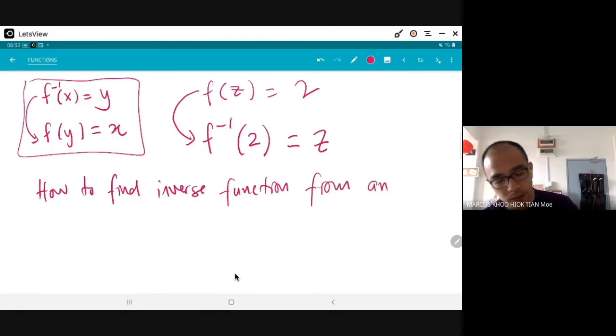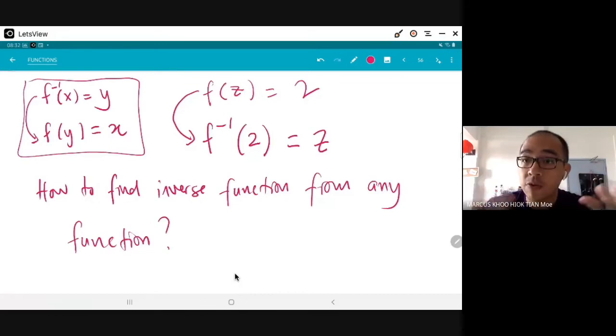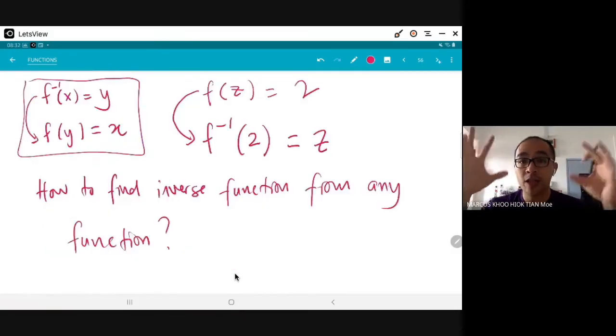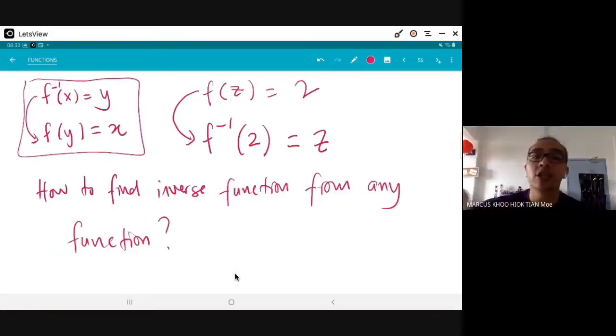Okay, ini adalah persoalan besar kita. So let's say saya bagi kamu satu function, dan saya mau suruh kamu find the inverse function for me. Now it's not just cerita of one number to another number. It is like totally one function change into another function altogether.